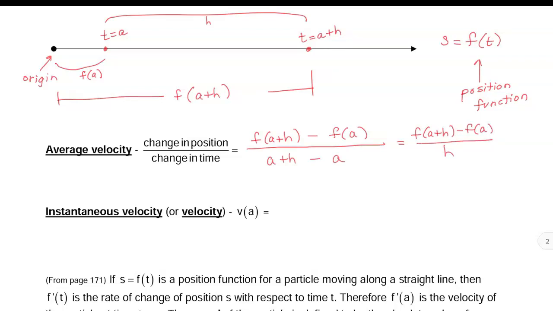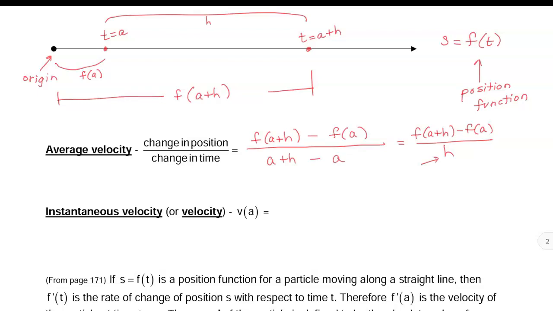We're also going to ask about instantaneous velocity. That means we're going to consider the average velocity over a much shorter time interval, so we want h to get smaller and smaller.